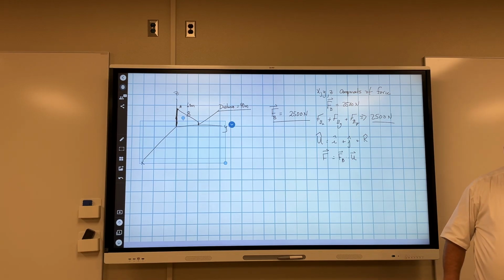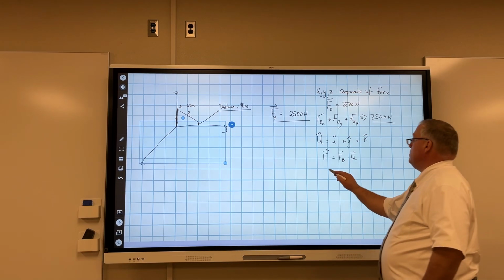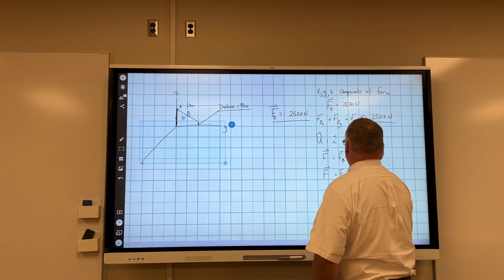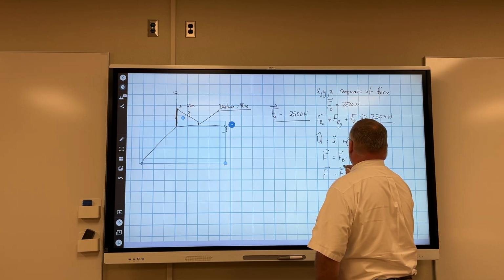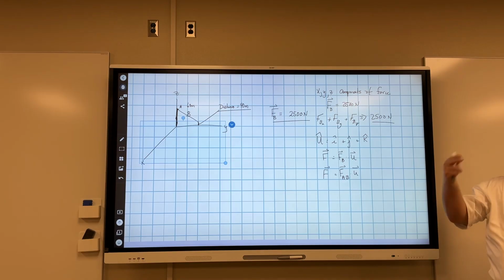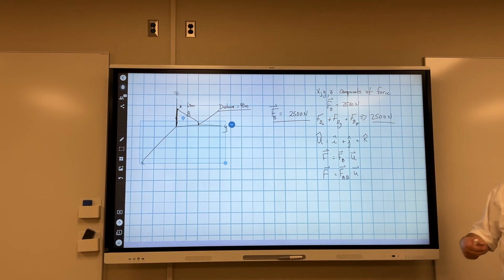We haven't done anything, right? So our force is equal to the force exerted between point A and B times our unit vector. All we're doing is making it a little more specific to what we're doing. Do you have any questions up to that point yet?